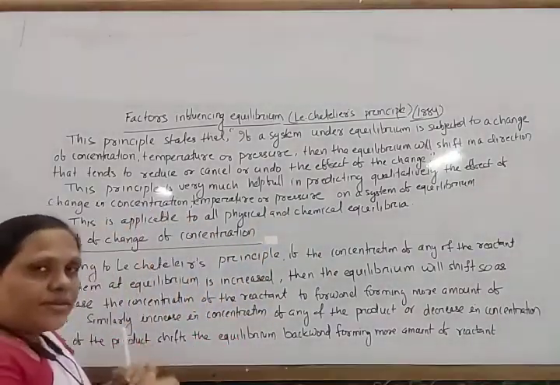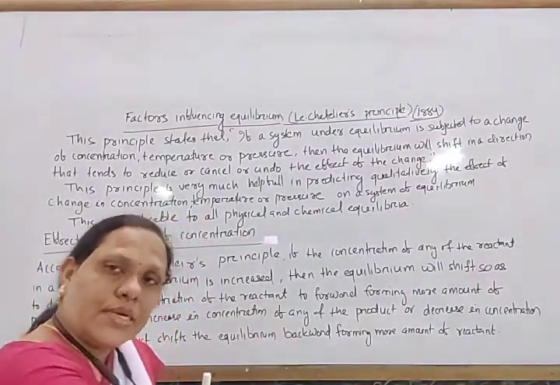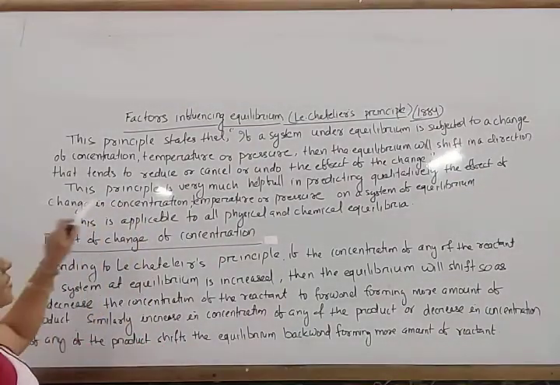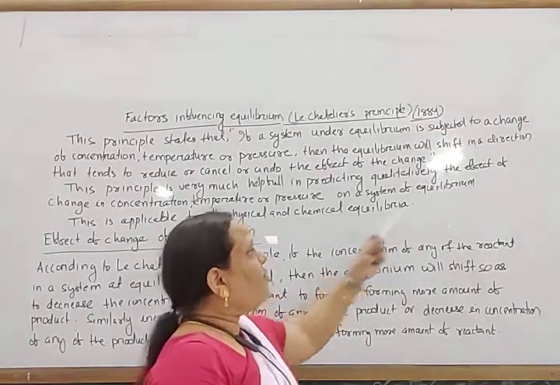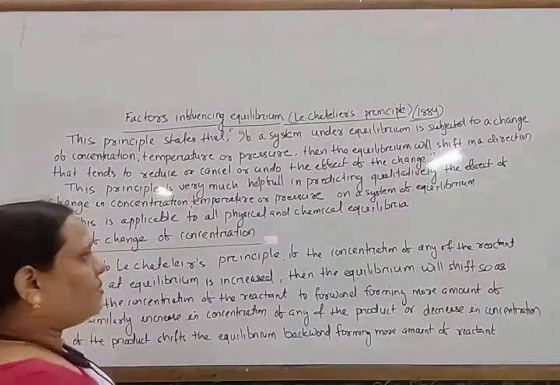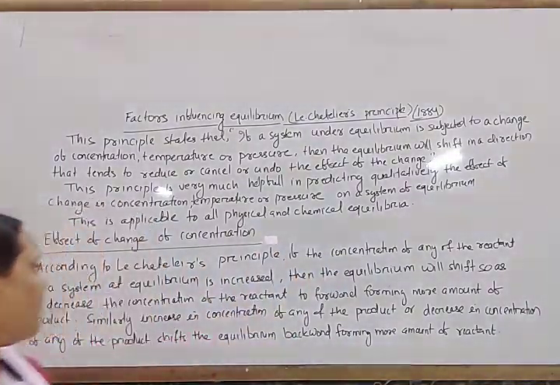That means to reduce the effect caused by the change, the equilibrium shifts in the opposite direction. This principle is very helpful in predicting qualitatively the effect of change of concentration, temperature and pressure at equilibrium. It is applicable to both physical and chemical equilibrium.